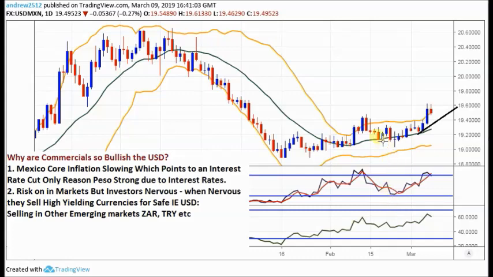My own view is we've broken out above this double top here, previous highs. Okay, so that looks really good support. Nice big break up, ease back a little bit, but I think this pair is a buy on a breakout higher above this candle tail here.